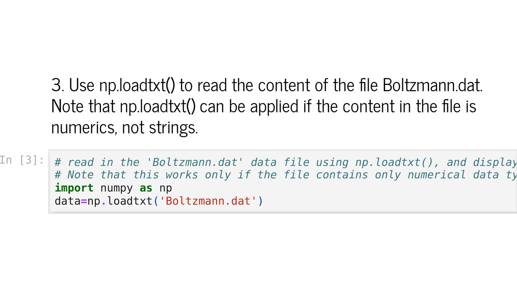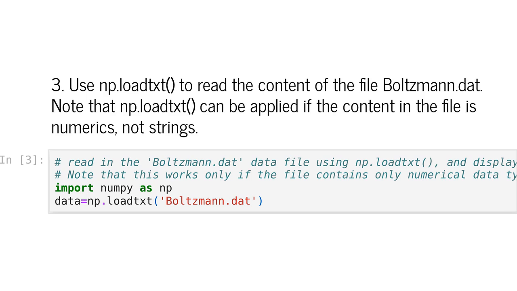For files that contain purely numerical data, like the one we are using, the NumPy library offers a very convenient function called loadtxt. This function is designed to read data from a text file and interpret it as an array of numbers. The code imports NumPy again, although it was imported earlier, which is redundant but harmless. The core action is data equals numpy.loadtxt with the file name boltzmann.dat as an argument.